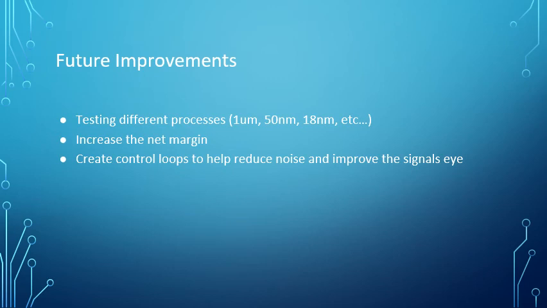Then we'll create control loops to help reduce the noise or improve the signal's eye, so that the skew at the very beginning, which is not touching the very top like we would hope, can be fixed to make a cleaner eye diagram. Maybe we would be able to fix that by making those control loops within our system.